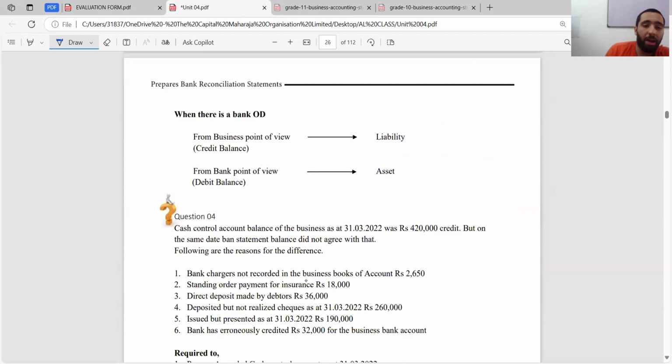When there is a bank overdraft, from the business point of view it is a liability. From the bank's point of view, it is an asset. Why is it a liability from the business point of view?